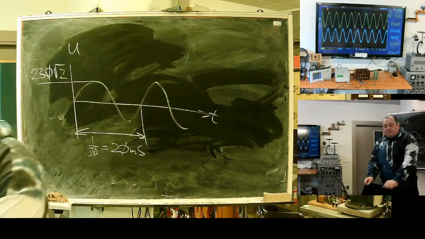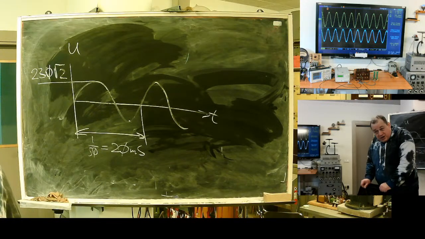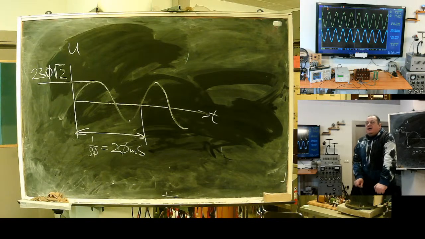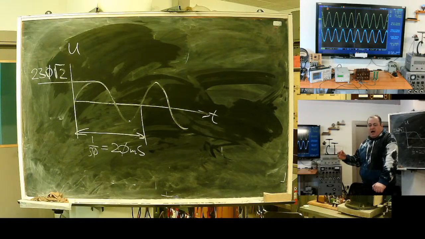Because of effective value. It's our previous lecture. See, it was the time AC circuits just emerged.